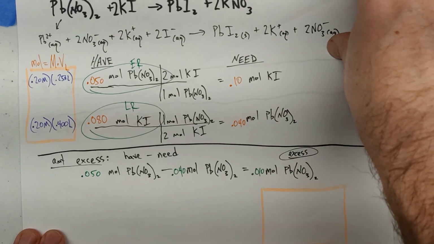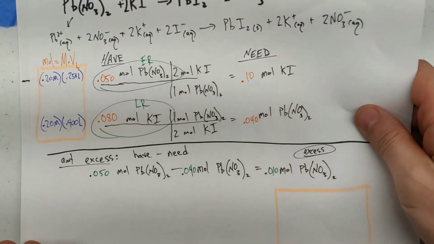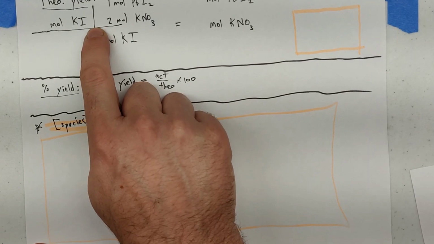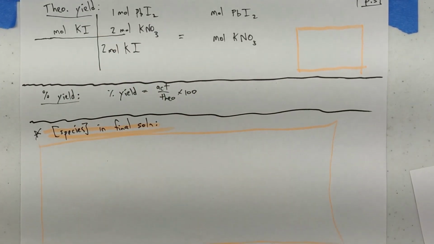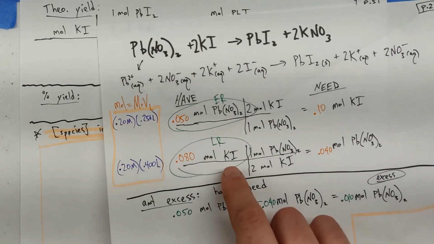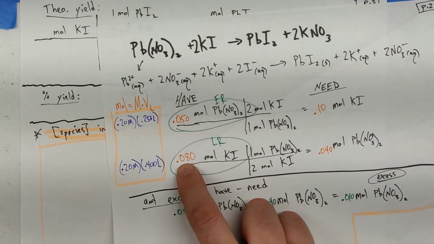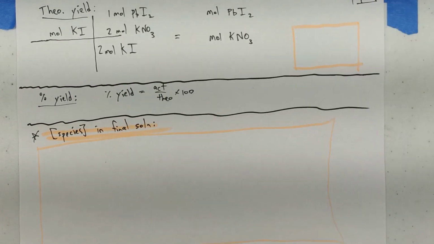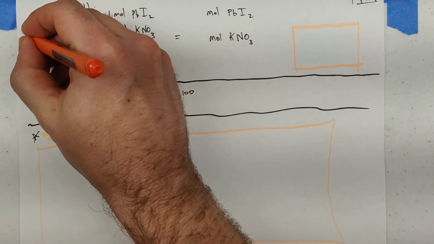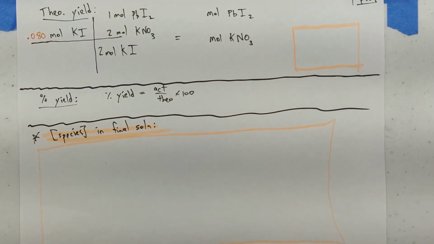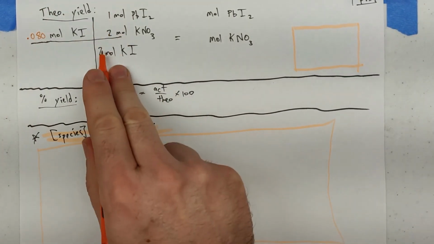Generally, we find our theoretical yield using our limiting reactant, and that's what we're going to do right there. I've already kind of set that up for us. Our limiting reactant was the potassium iodide. We have 0.08 moles of that, and that's what I'll pick up with right here. We multiply by 1 and divide by 2.